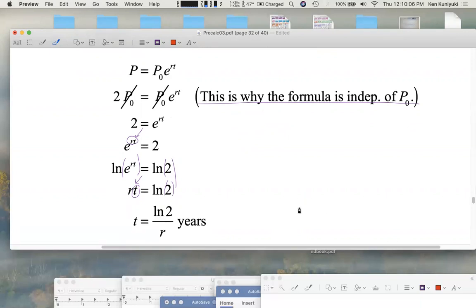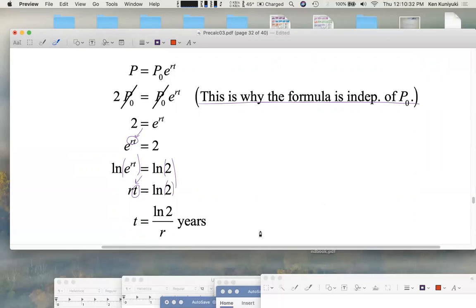Now, what this means, by the way, look at this. This is independent of p naught. What does this mean? Let's say we're talking continuous compound interest. Let's say that you and Bill Gates invest in the same bank, and you have the same constant annual interest rate, continuously compounded, where r is the nominal annual interest rate as a decimal.